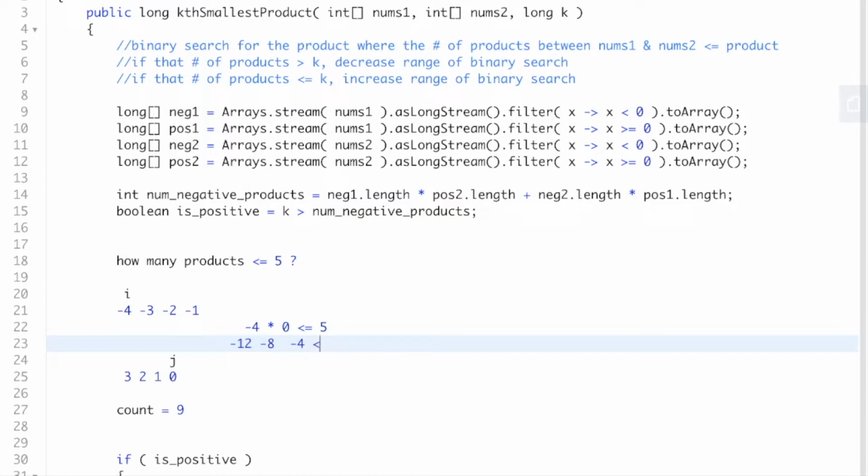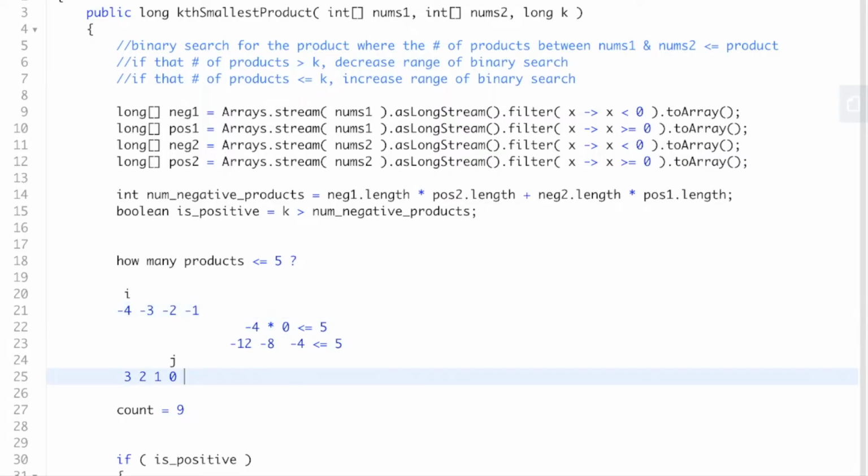So these are all less than or equal to 5. So once I check, is this number times this number less than or equal to my midpoint, then multiplying this number by the rest of these numbers is also going to be less than or equal to this midpoint. Okay, so that's how we're going to account for the negatives.